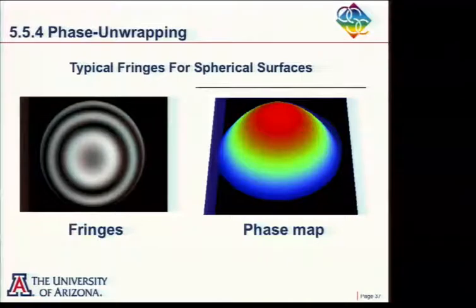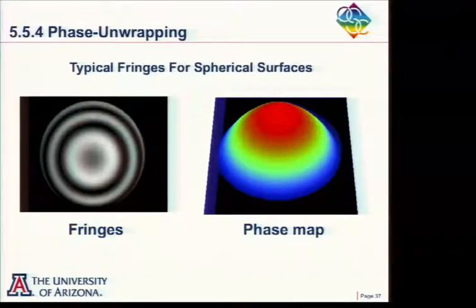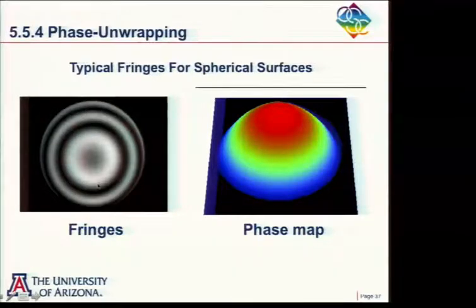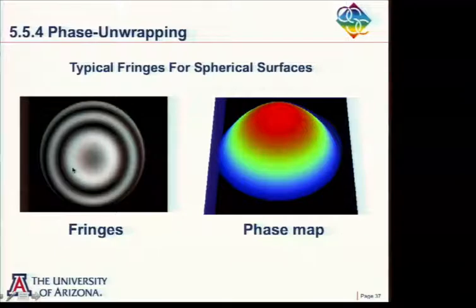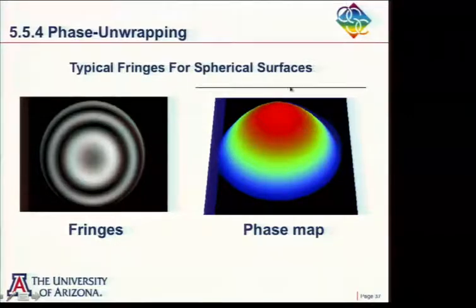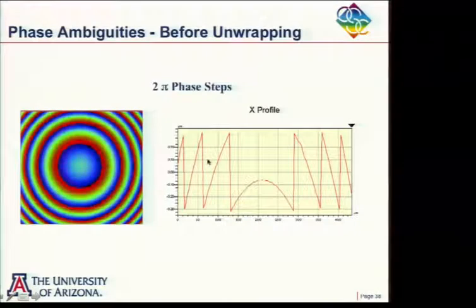Now let's say I'm measuring something that's varying by a lot more than 2 pi. For example, I might be measuring a spherical surface. Between fringes, the phase changes by 2 pi, and if I have several fringes present, then I have a phase change of many times 2 pi. If I were to plot that, it would look nice like this. But when I go through my arctangent calculation, I'm only getting the phase between 0 and 2 pi.